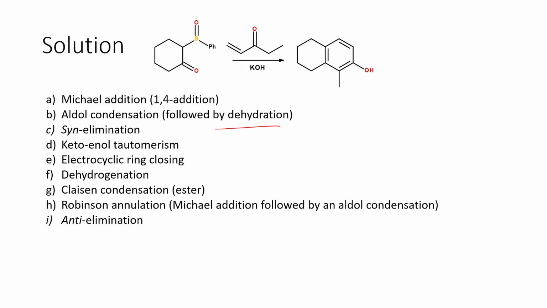So if an aldol reaction happens followed by dehydration, a double bond is being introduced. Then syn elimination also introduces a double bond. So these are giving us a hint that this is the right direction to go to identify the final product.